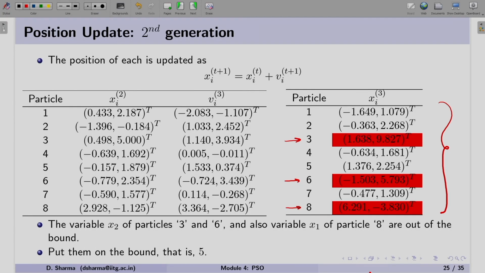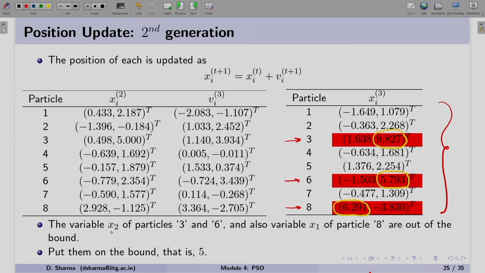It is because if you look at this particular component, this component is greater than 5. Now, look at particle 6, this component is also greater than 5, and look at solution number 8, the first component x1 of the particle is more than 5. So, what we have to do here is keep them on the bound.